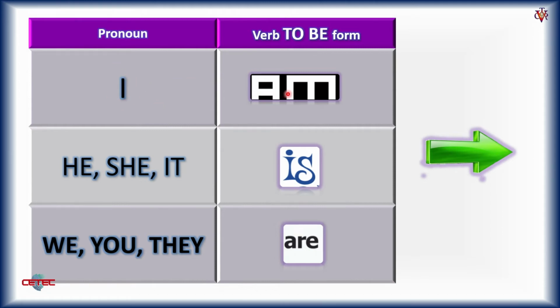I am, he is, she is, it is, we are, you are, they are. Don't forget that all three have to be in the same position: am, is, are. But they are used with different pronouns. I am, he is, she is, it is. We are, you are, they are.